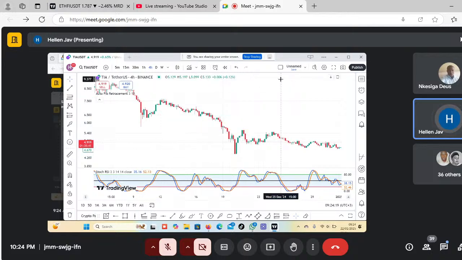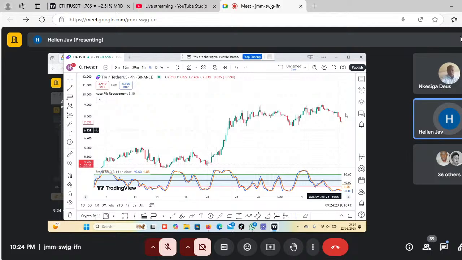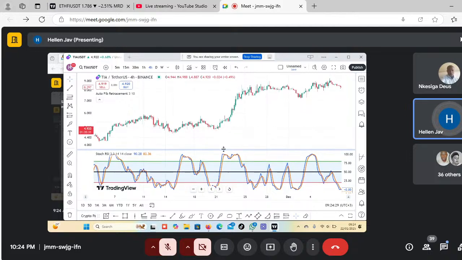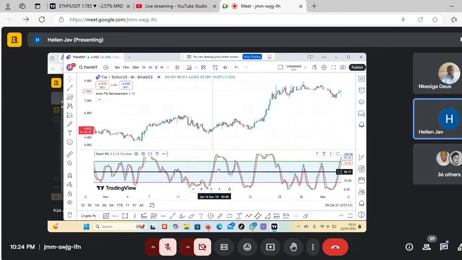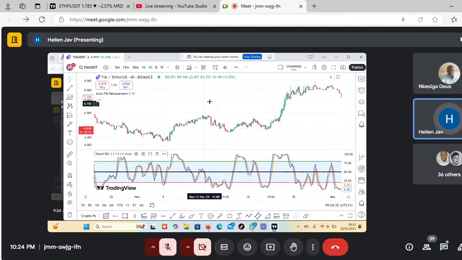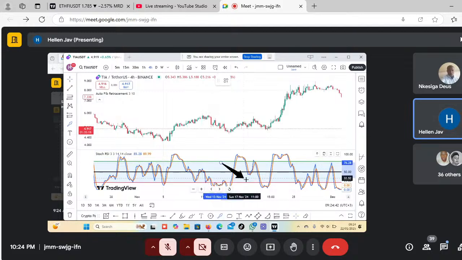If you have been observant enough, let me first get something I wanted to show you. I see what I was trying to tell you, that in this area here, when we had a crossover, the market was just moving like this. But when we reached this point here, I see in this area that we are having a crossover.